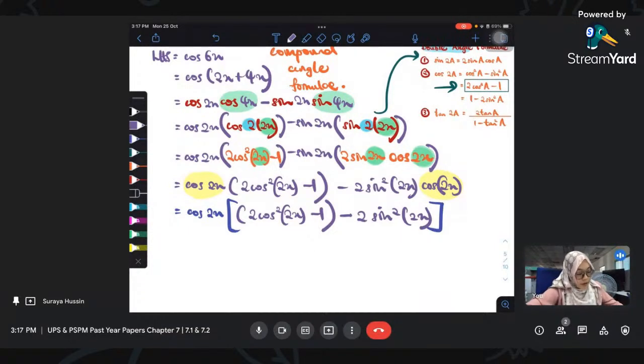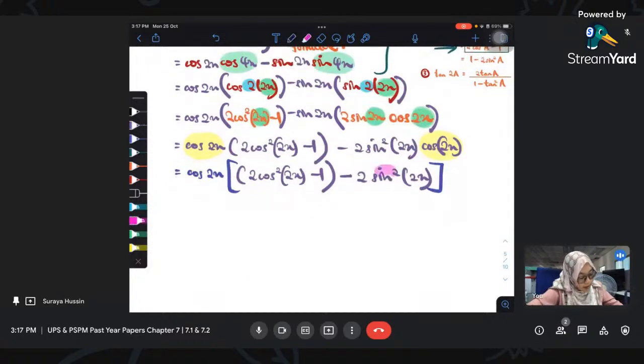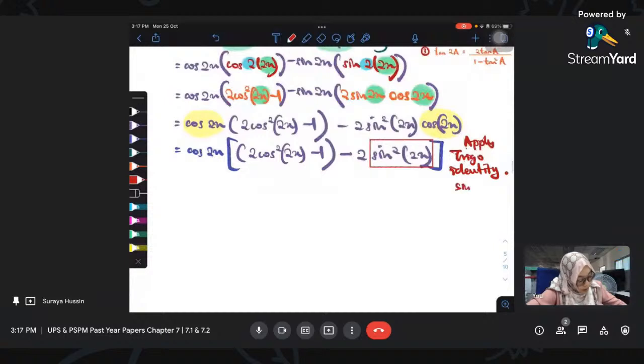Don't be afraid. You can change this using the trig identity. Apply the trig identity, sine squared plus cos squared equals 1.